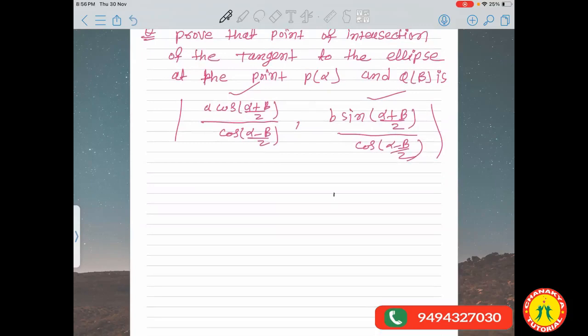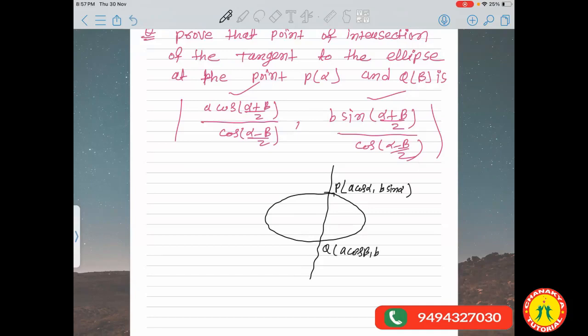Now let me discuss. See, this is P alpha, which means A cos alpha, B sin alpha, and Q point is A cos beta, B sin beta.